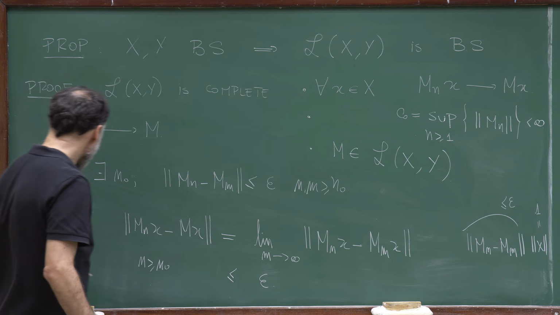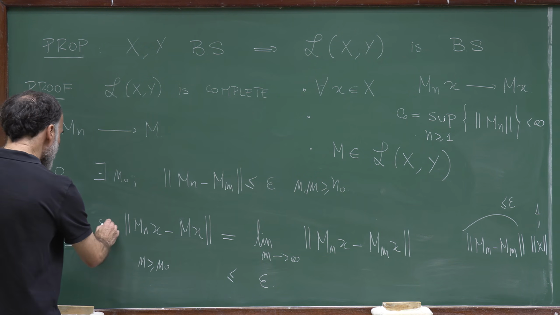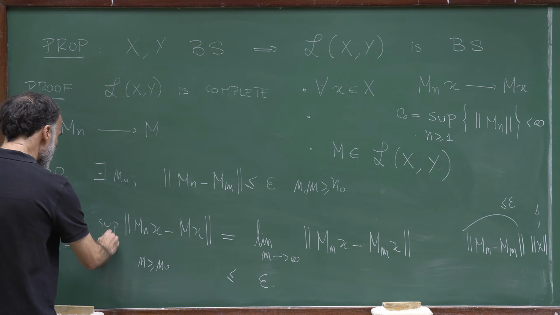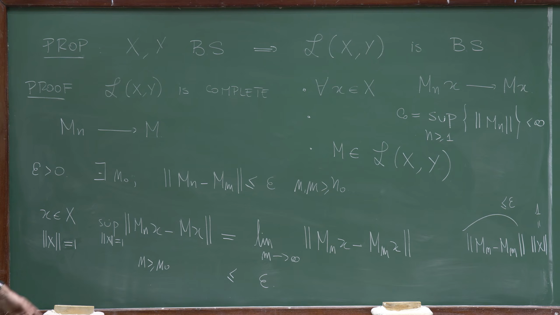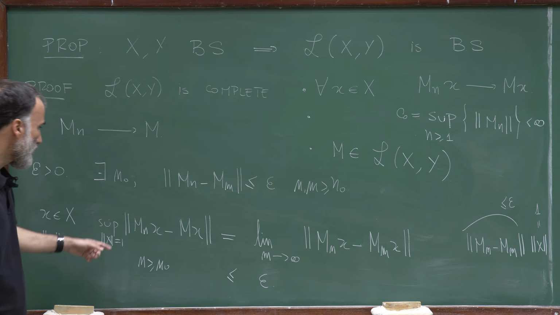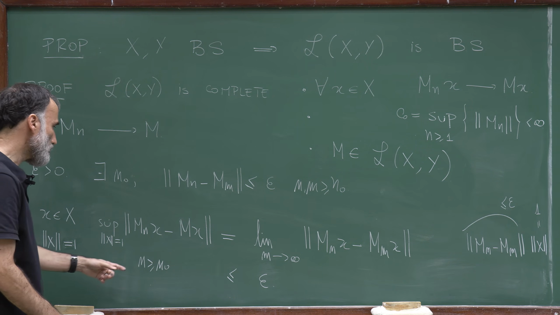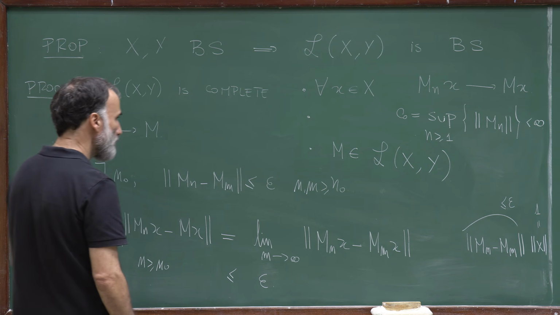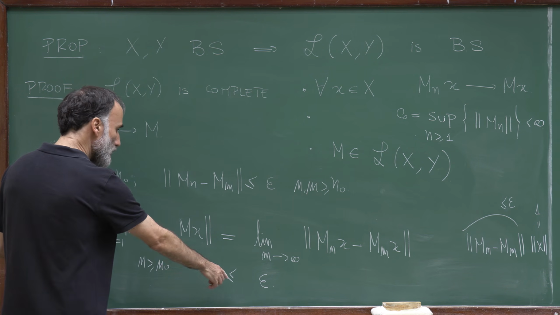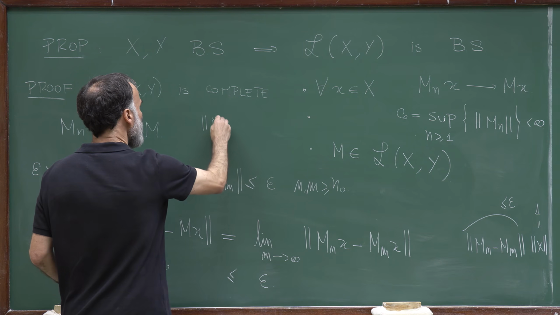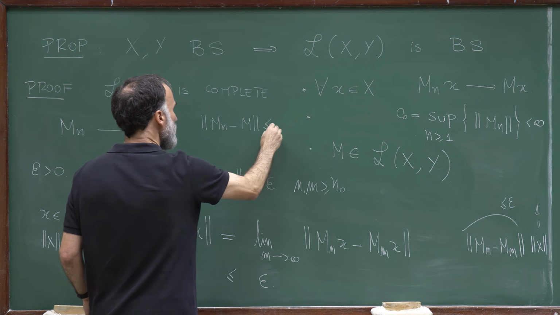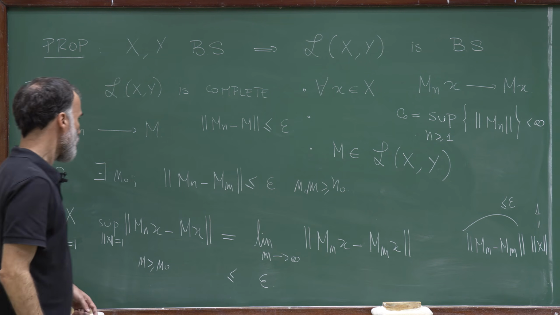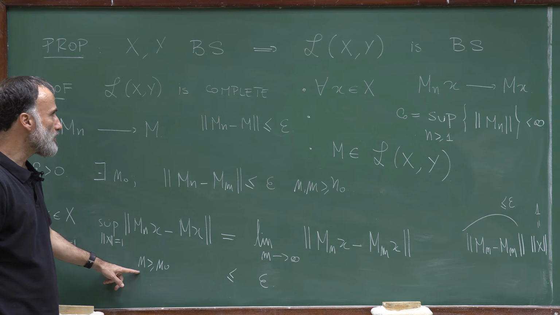So this inequality holds for all such x, so I can take the supremum over all x with norm equal to 1 on the left-hand side to get the same inequality, but this is exactly the norm of Mn minus M. So that inequality gives me that the norm of Mn minus M is bounded by epsilon for all n larger than N0.